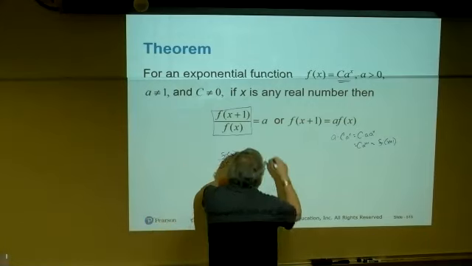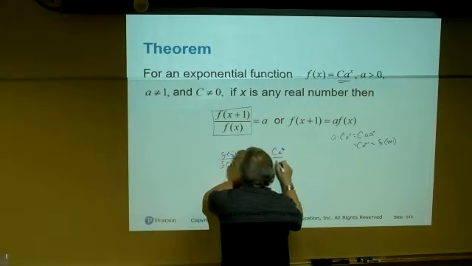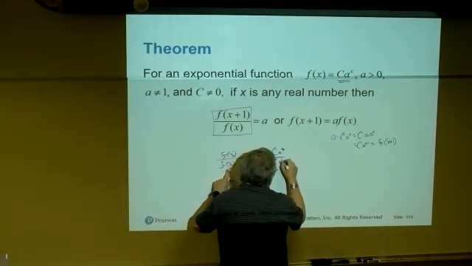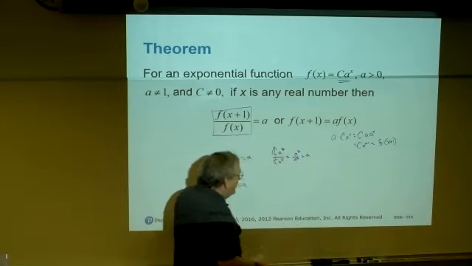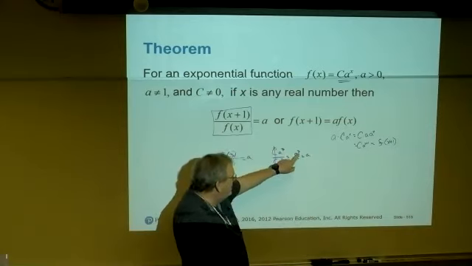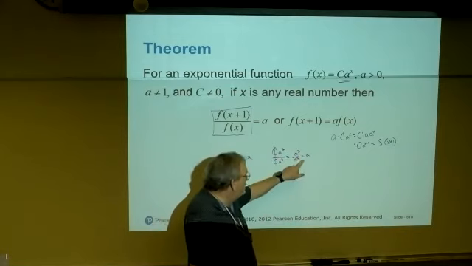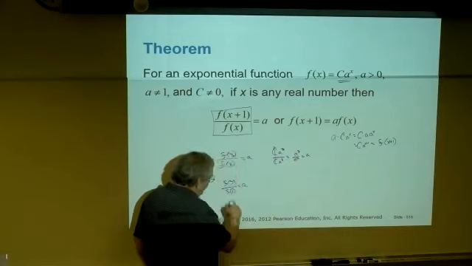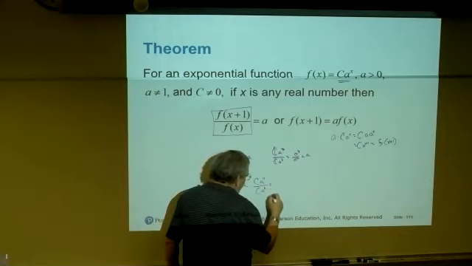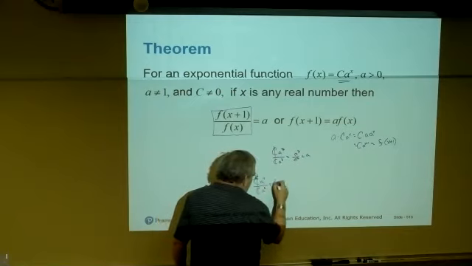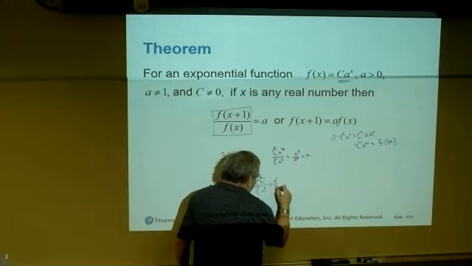F of 3 is c times a to the third. F of 2 is c times a to the second power. So those c's go to 1. And this is just a to the third divided by a squared, which is a, right? When you're dividing like bases, you subtract the exponents. 3 minus 2 is 1. And here we're going to have c times a to the 7th power divided by c times a to the 6th power, which those c's go to 1, which is just a to the 7th over a to the 6th.